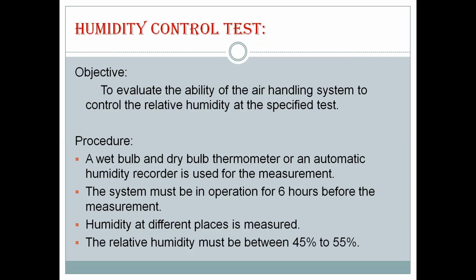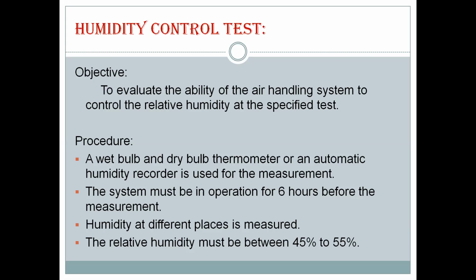Then humidity control test. In the humidity control test, the main objective is to evaluate the ability of the air handling system to control the relative humidity. The procedure involves a wet bulb and dry bulb thermometer.